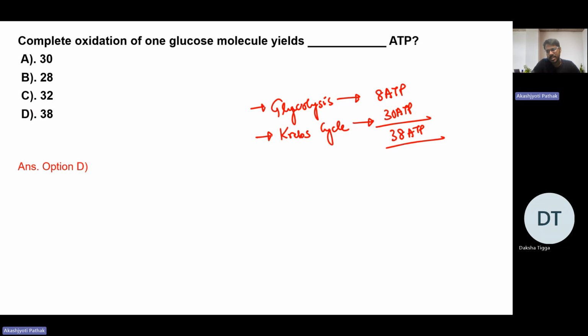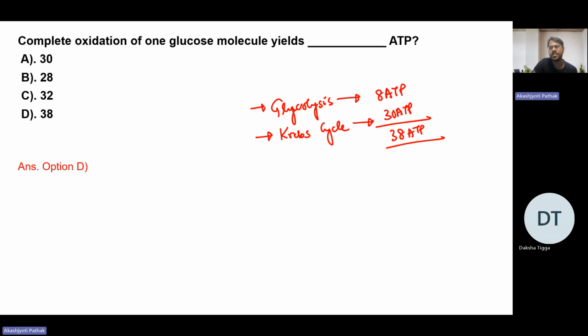In glycolysis, the steps where ATP is produced: one is when 1,3-bisphosphoglycerate is converted into 3-phosphoglycerate, and the second is where phosphoenolpyruvate is converted into pyruvate. Those are the two steps where ATP is produced, and another 4 ATP molecules come from the oxidative phosphorylation of NADH.